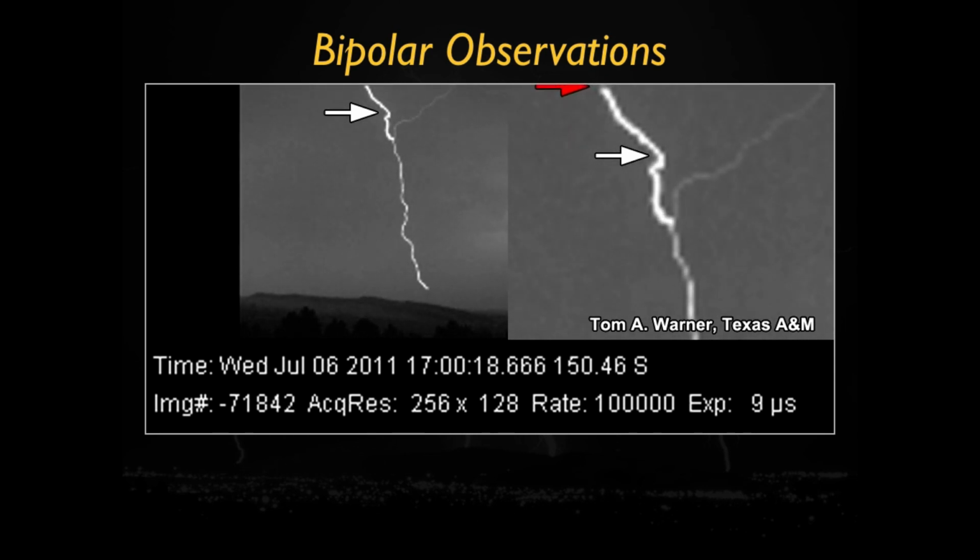So the newly formed branch then continued for the rest of the flash duration.